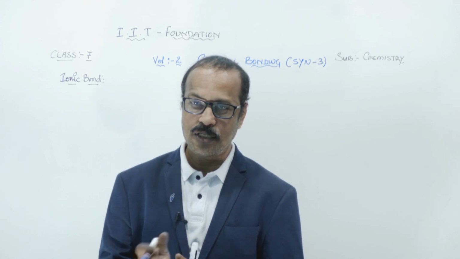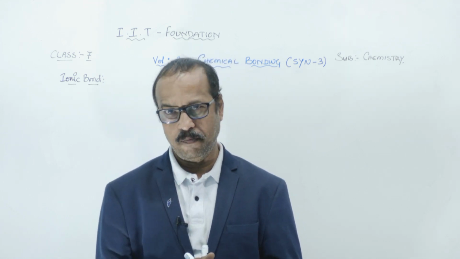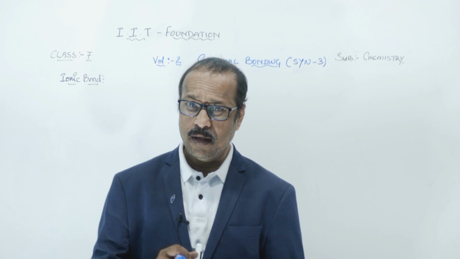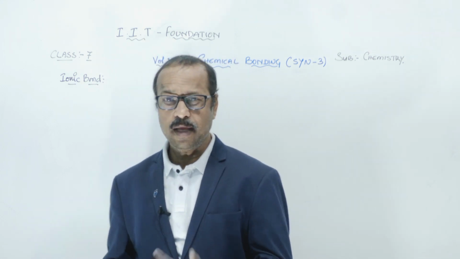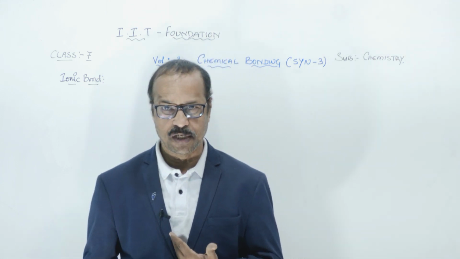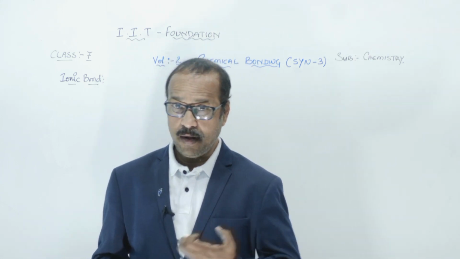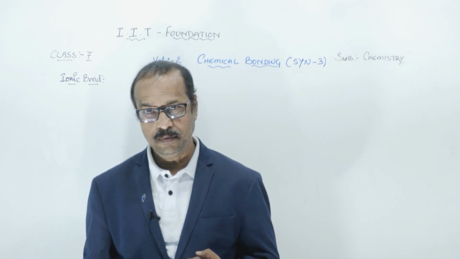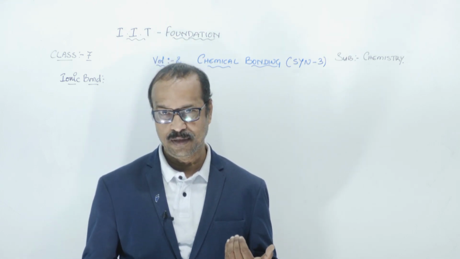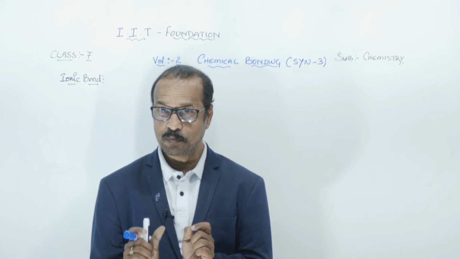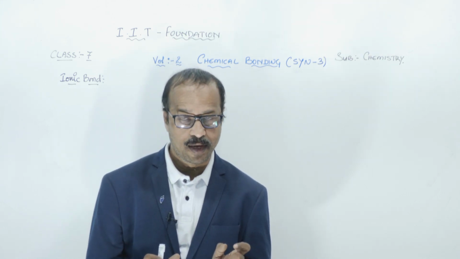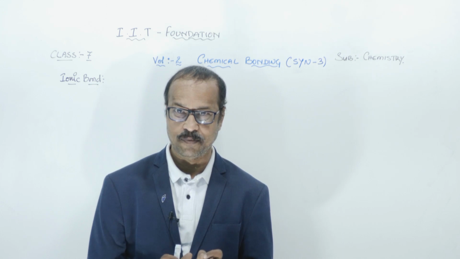Whenever a metal gives an electron to the non-metal, the metal possesses a positive charge, and when the non-metal takes an electron, it possesses a negative charge, right? So now the bond is forming between whom? One is a positively charged ion and the second is a negatively charged ion.